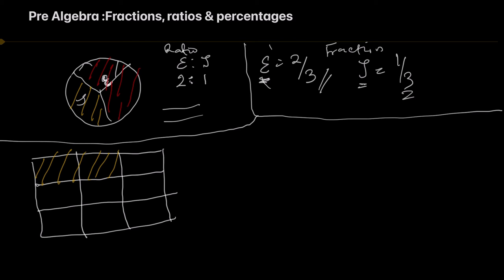And then we decide that we will give 2 parts to Mary, right? So we give 2 parts to Mary. And then we will give 3 parts to Janet.